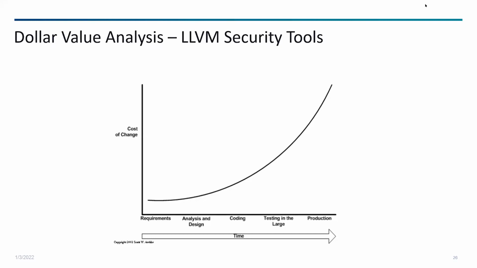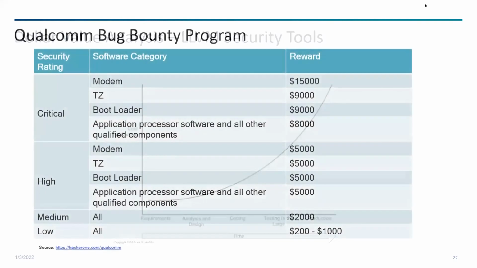This is a very, very simple thing. I'll give you an example from the Qualcomm bug bounty program. Suppose our device is launched and there is a security expert who finds a bug in our modem. The reward per bug is $15,000 if it is critical. Similarly, there is a different reward for different areas and different criticality in our Qualcomm bug bounty program.